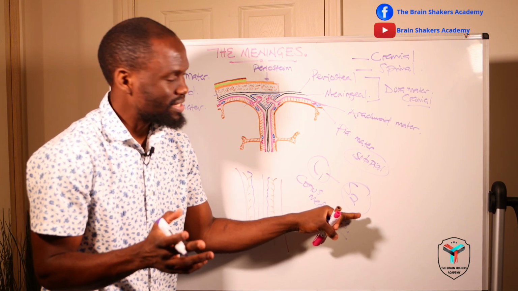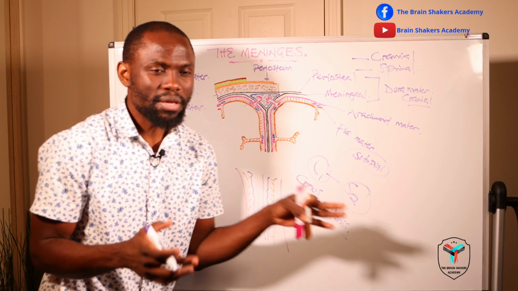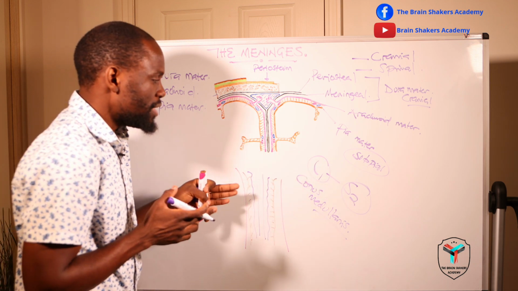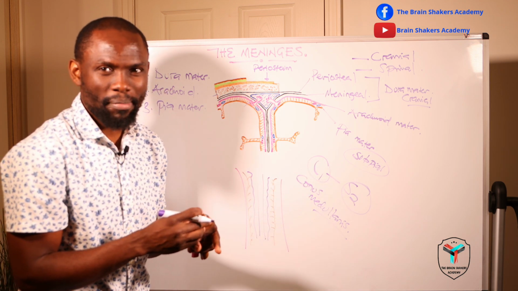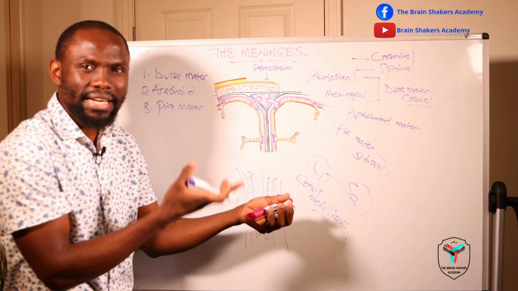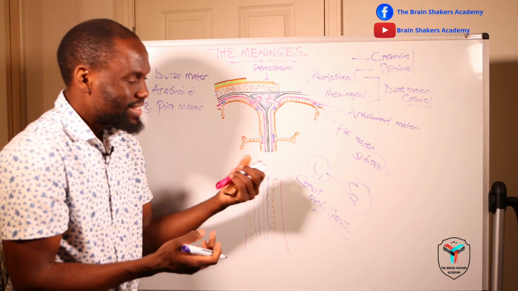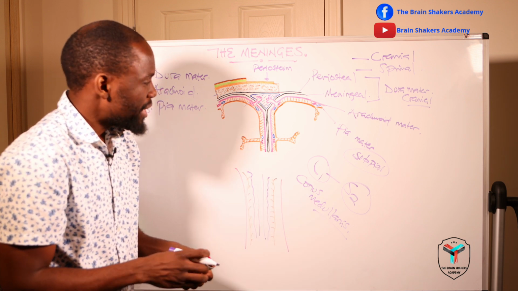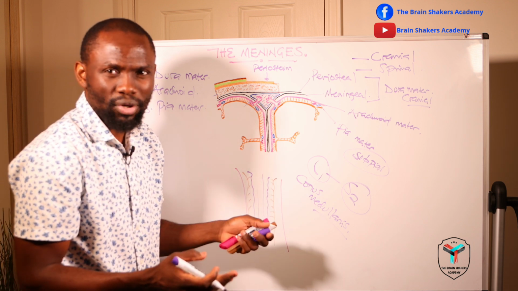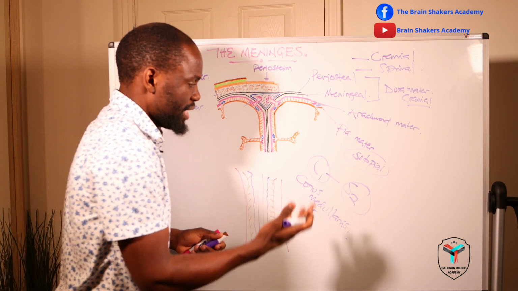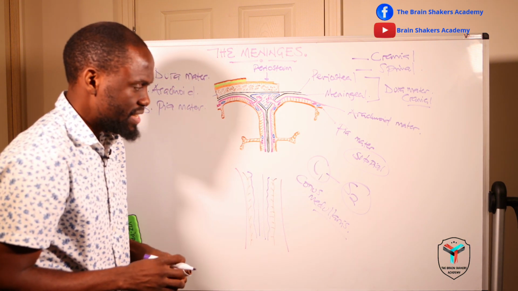Now, why is this lumbar cistern very important? It is an important site because it is where they perform a procedure called lumbar puncture to gain access into the subarachnoid space and obtain fluid, which is the CSF, or cerebrospinal fluid, for microbiological, cytological, and biochemical analysis to find out if there's any problem or any infection invading the brain.